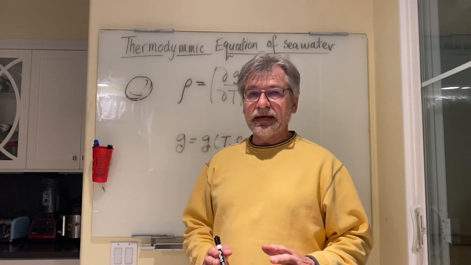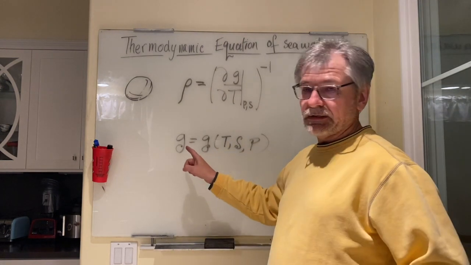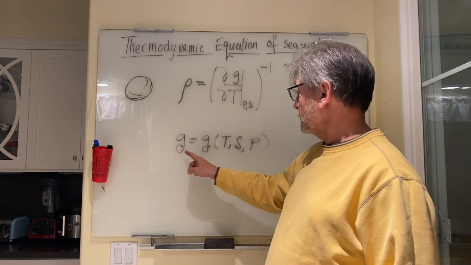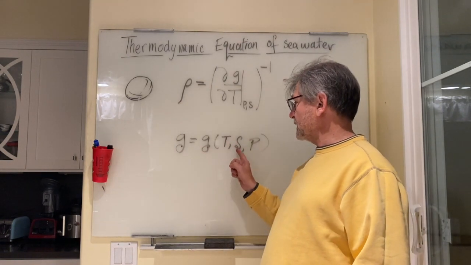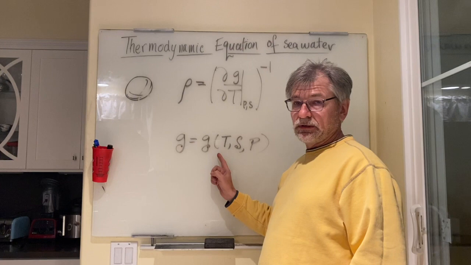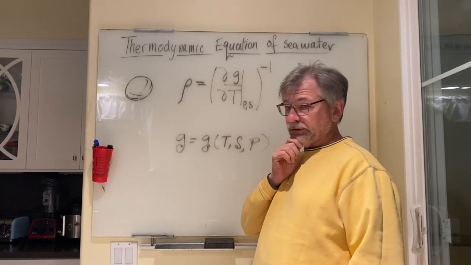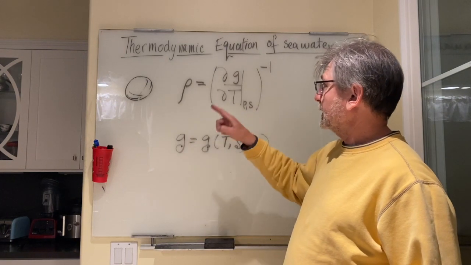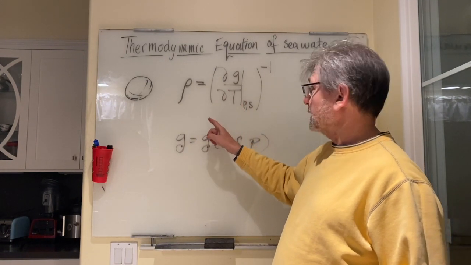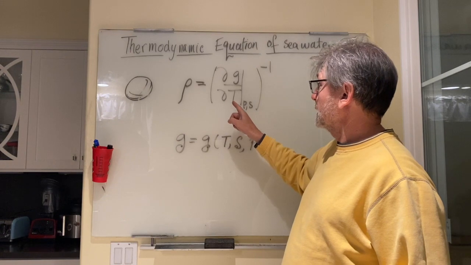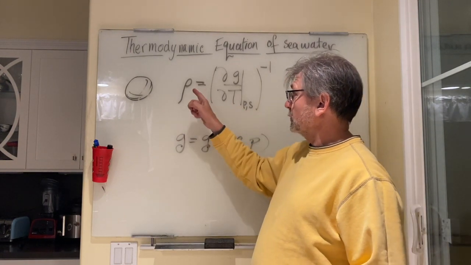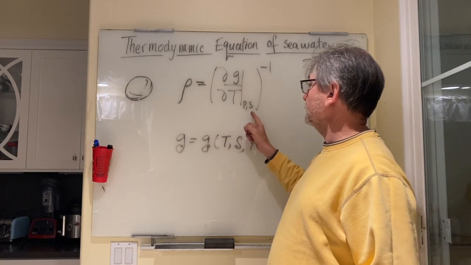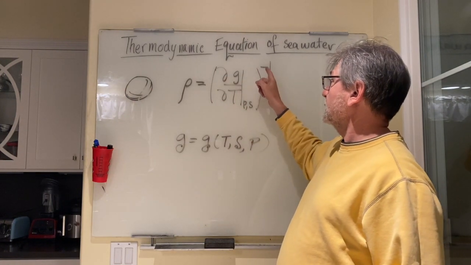All right, so to recap, what we've shown is how to create a Gibbs function G, which is now a thermodynamic potential that depends on temperature, salinity, and pressure as the state variables, all of which are measurable in the ocean. And that's useful because if we know G, we can go back and compute various quantities of interest by taking different partial derivatives of G. So, for example, we showed that we can get the density by taking the partial derivative of G, holding the other variables fixed, and taking the reciprocal of that.